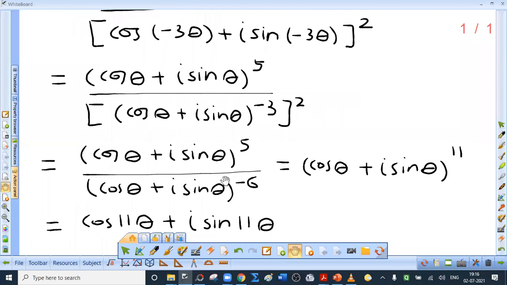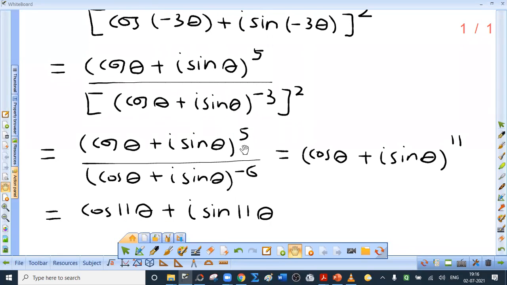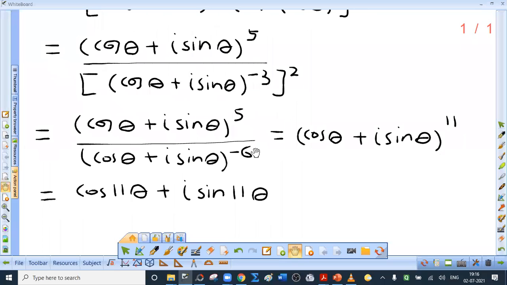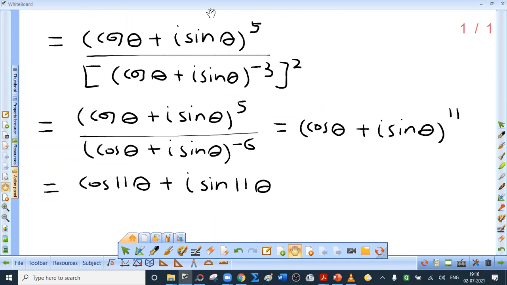Now a to the m upon a to the n is a to the m minus n. I have directly written it; it is better if you say 5 minus minus 6, that is 5 plus 6, which is 11. Now cos theta plus i sin theta raised to n is cos n theta plus i sin n theta. n is 11. So this is the final answer.